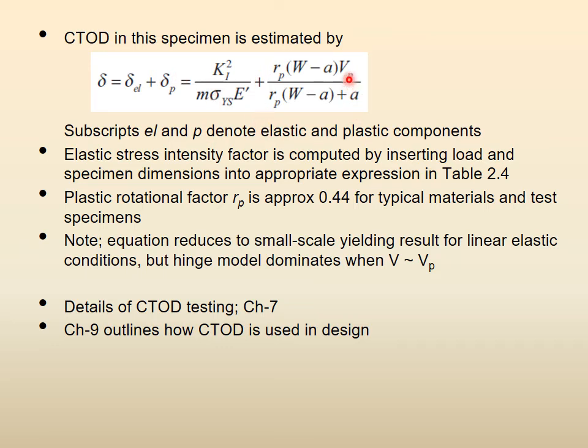So what they are saying is that we measure the total V in the hinge model, but in that total V, the V elastic is very small and the V plastic is very large. It is just like strains. If you see any stress strain diagram, the strain at the end of the elastic region is very small, 0.02 percent.